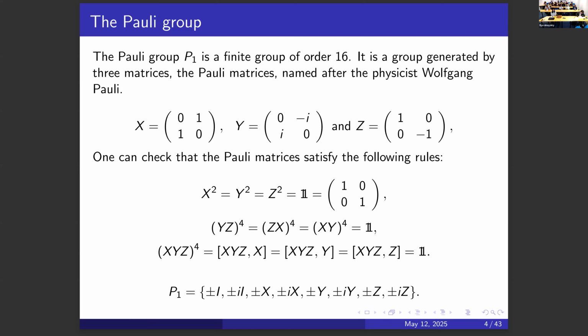And what the Pauli group really looks like is just plus minus I. I is the identity matrix, and then this little i with the big I, the little i is just the imaginary coefficient. So plus minus the identity, i times the identity, and then plus minus X, iX, Y, and so on. This gives us the entire group. So it's a group of order 16.